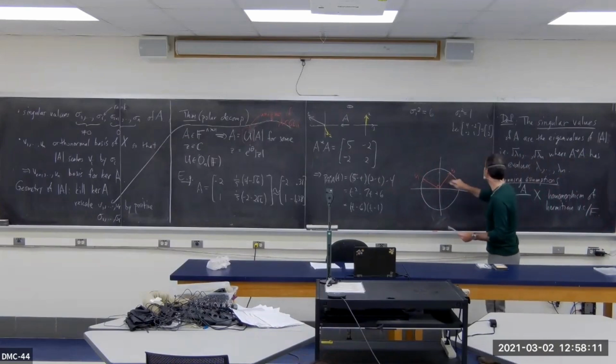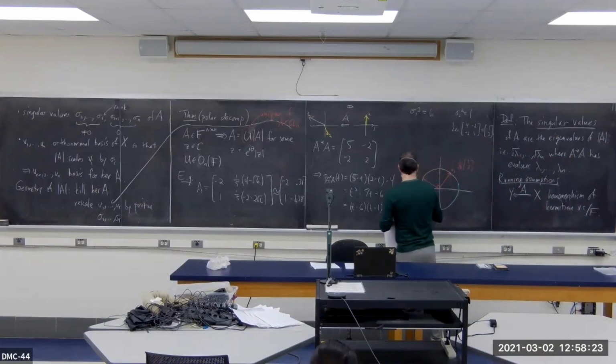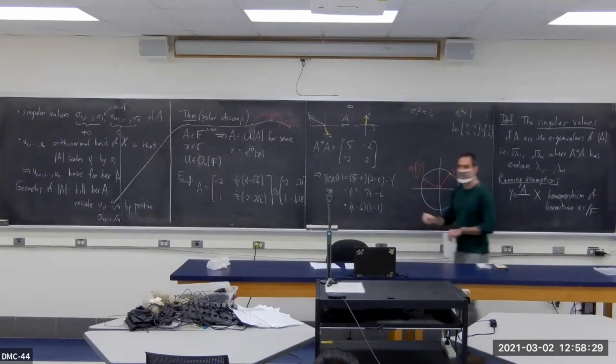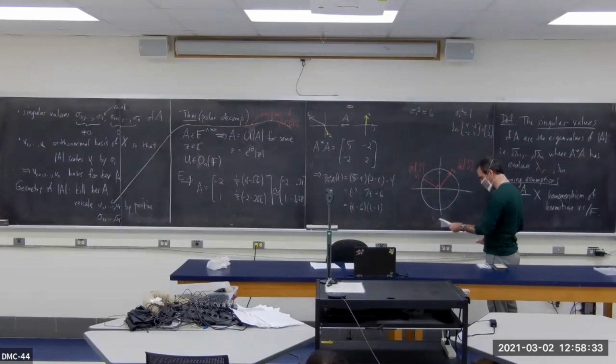Again, ignore the tick mark. It's actually going to be 1 over root 5 times 1, 2. And this is going to be 1 over root 5 times -2, 1. Agreed?